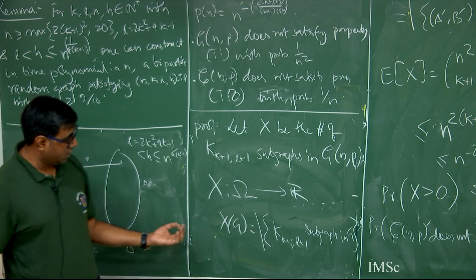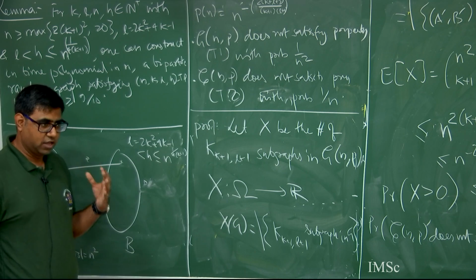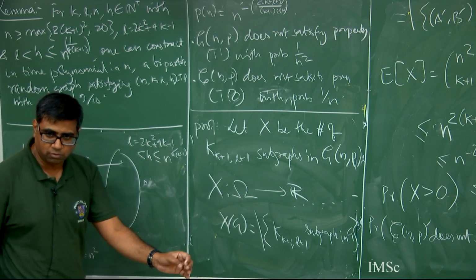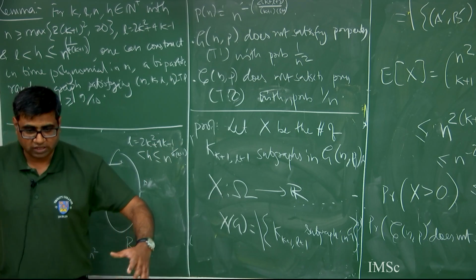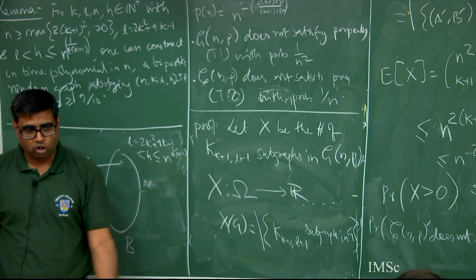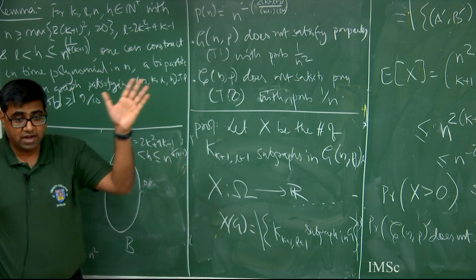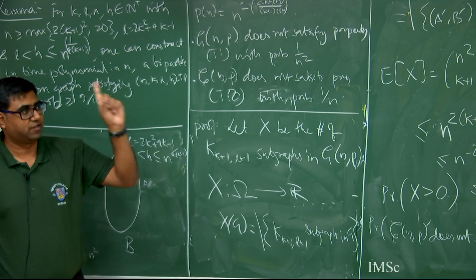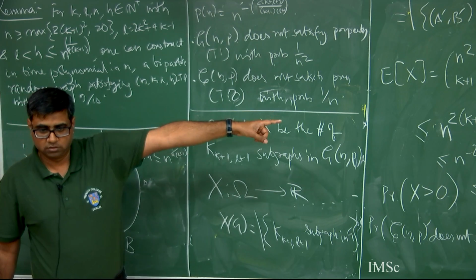So the probability that x is greater than 0 is the same as the probability that x is equal to 1, plus the probability that x equals 2, plus the probability x equals 3, and I sum them up. That is nothing but the union of all those graphs where I have a k plus 1 and L plus 1, but I have subdivided them into parts. These graphs have exactly 1, 2, 3 up to that number, right.